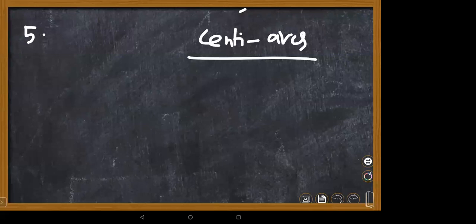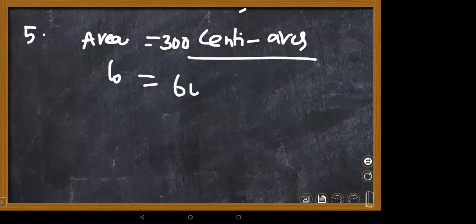The area of which is 300 centiyears and base is... Here, what is given? Area is given. Ma'am, centi square it will be, no? The area 300 centiyears is given and base is given 60 meters, children. You need to find the height of the parallelogram.